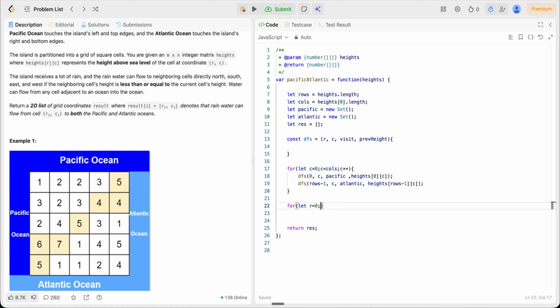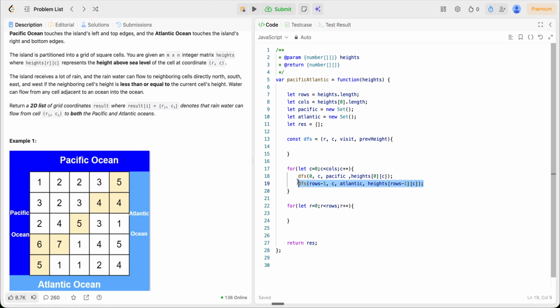Similarly, we are going to do it for our rows. Row plus plus. In this case, again we are going to do the same thing, but now the row will be constant and the column will be the 0th column, and the other one will be columns minus 1, because this is the last column.